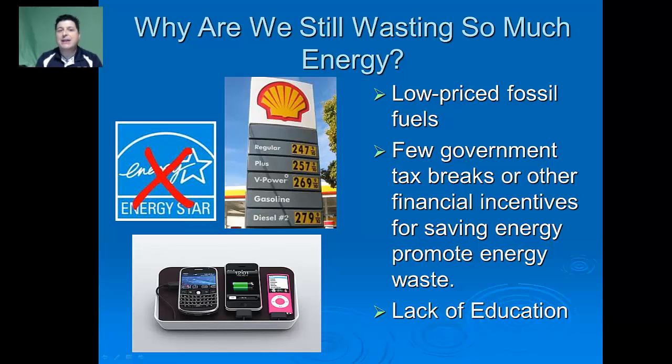Additionally, we haven't had a lot of government incentives or tax breaks. In the recent past, we've seen things like cash for clunkers and some tax breaks for Energy Star appliances, but they've been few and far between. And then lastly, I don't think enough people understand what it means to be energy efficient and how much that efficiency can actually save not only energy, but also money.